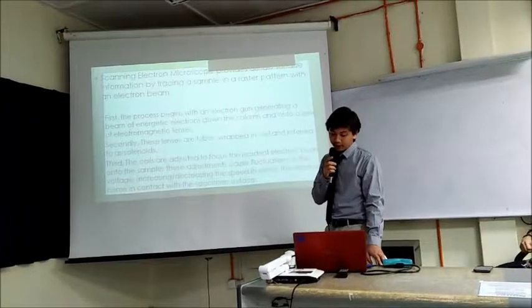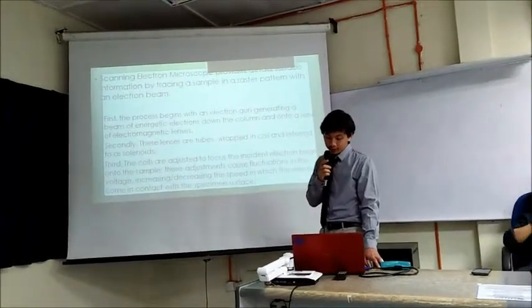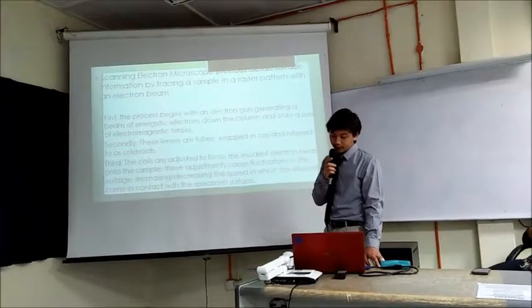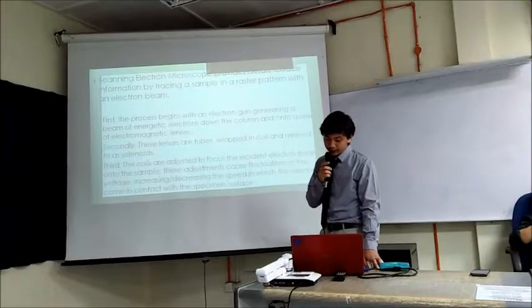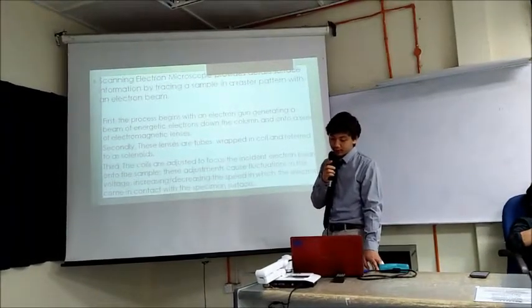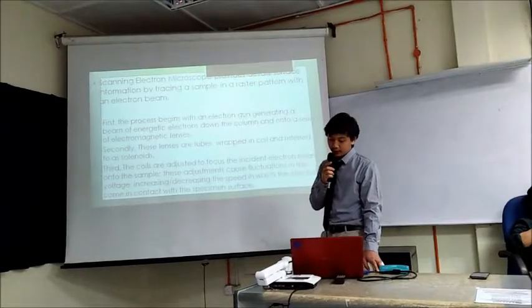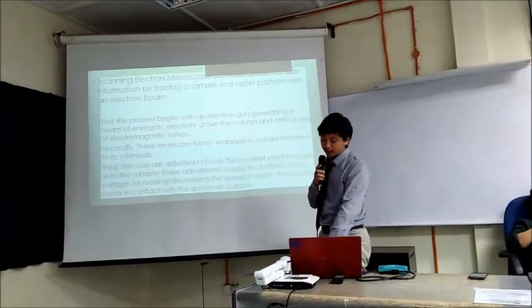Third, the coil adjusts to focus the incident electron beam onto the sample. This adjustment causes fluctuation in the voltage, increasing or decreasing the speed at which the electrons come in contact with the specimen surface.